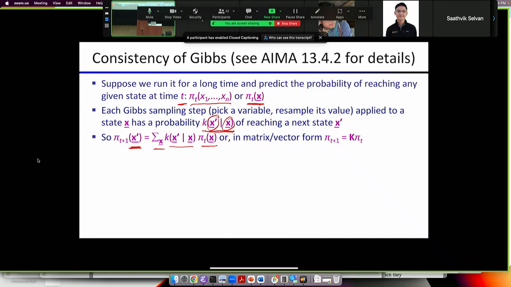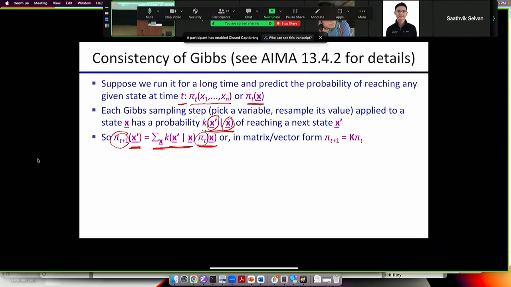Look at all the places I could start from. What's the probability of being in those places? What's the probability that I transition? And that's the probability that you're in x prime at time t plus 1. So we can think of this as a way of transforming the distribution at time t to the distribution at time t plus 1. And if you look at that form, think of this as a vector over all the states, and then this is a matrix vector multiplication.